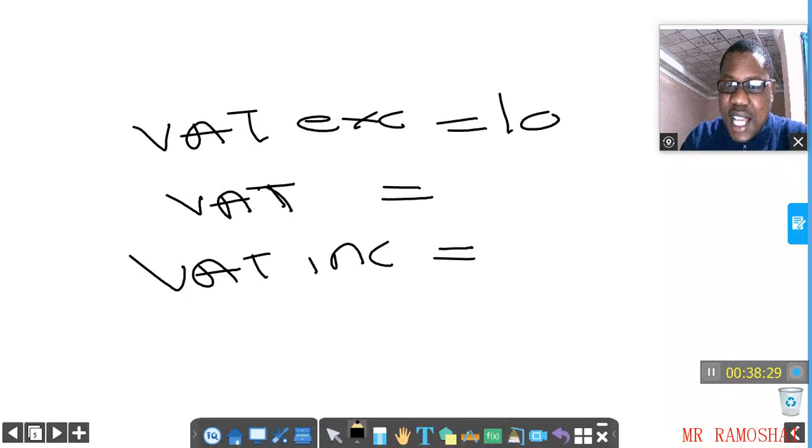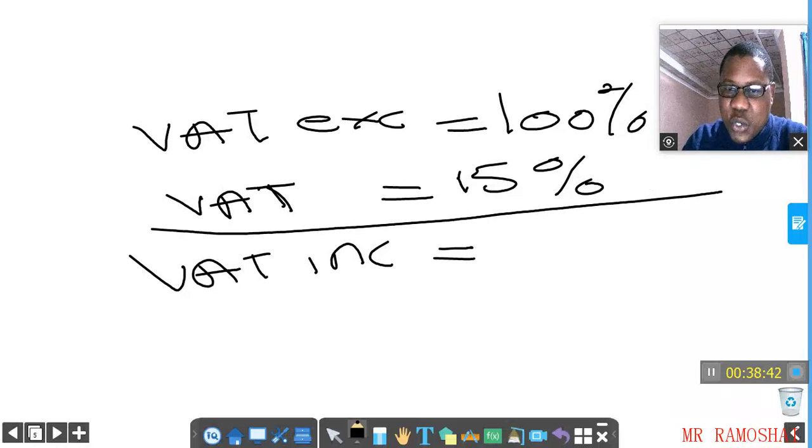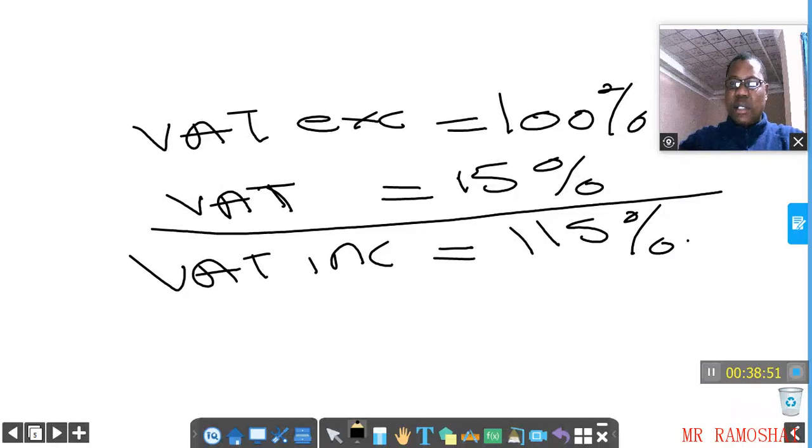VAT exclusive is always 100%. That means the VAT is not yet included, right? So how much is our VAT? Our VAT is 15% currently, right? So our VAT inclusive is going to be VAT exclusive plus VAT, which equals 115%. Simple as that. Are we clear?